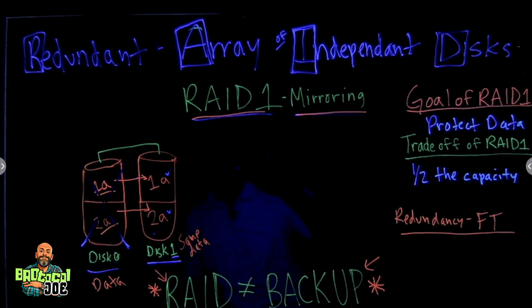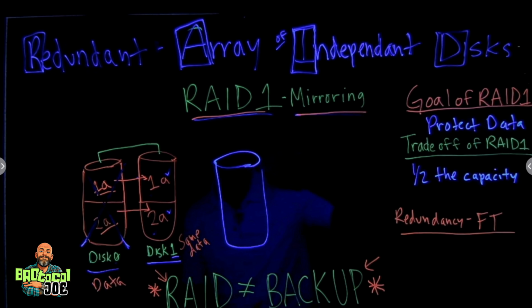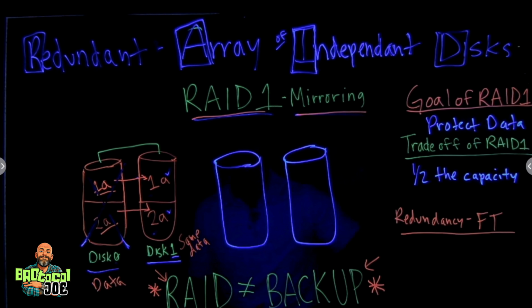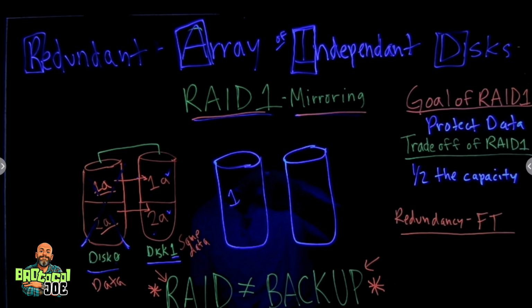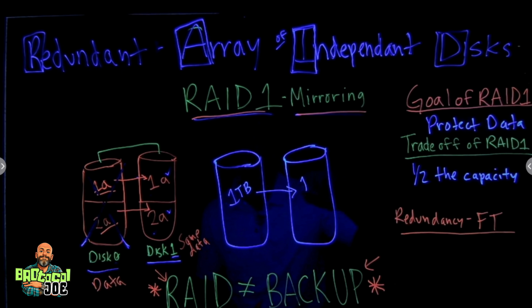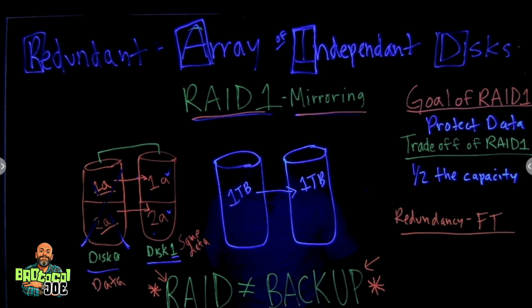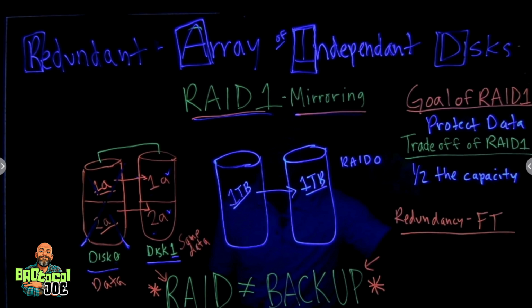Because let's just say I'm going to do a couple more drives here. These are amazing looking. Alright, you have two drives. Let's say this drive is 1 terabyte. That means this drive, if you mirror, has to be 1 terabyte. If you remember from striping, this could be 1 terabyte and this could be 1 terabyte, and in RAID 0, that would equal 2 terabytes.